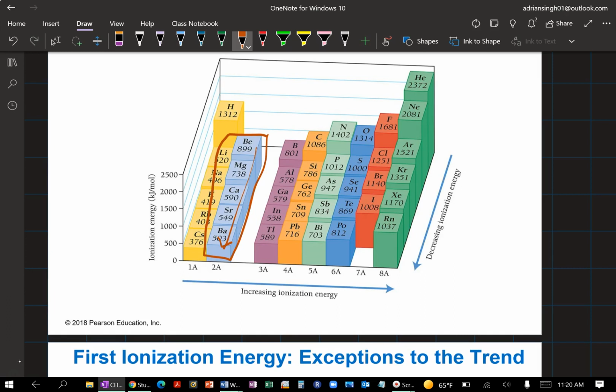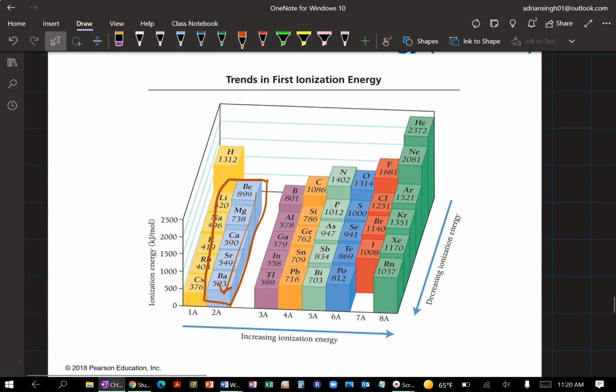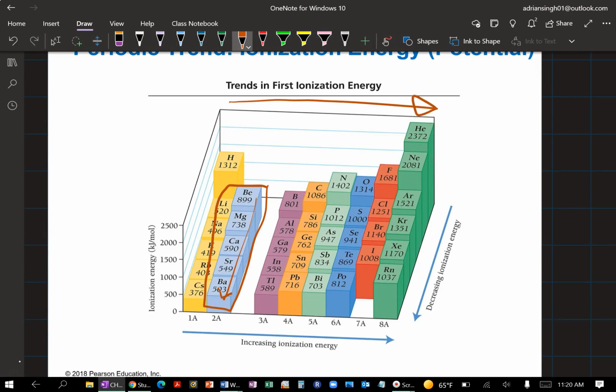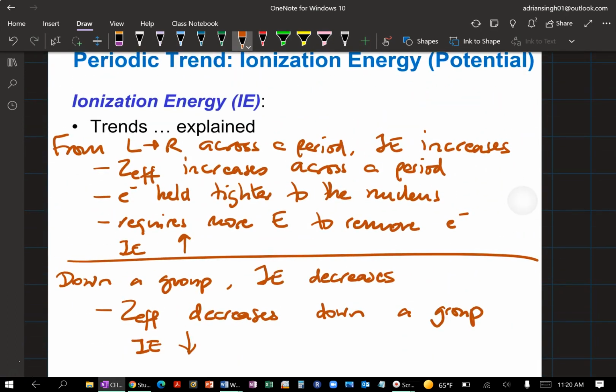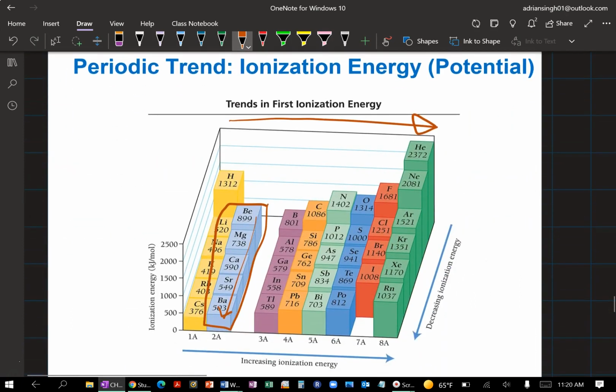What you may see is that going across the period, we said the trend was that from left to right, the ionization energy tends to increase. But you will see a couple of exceptions to that.